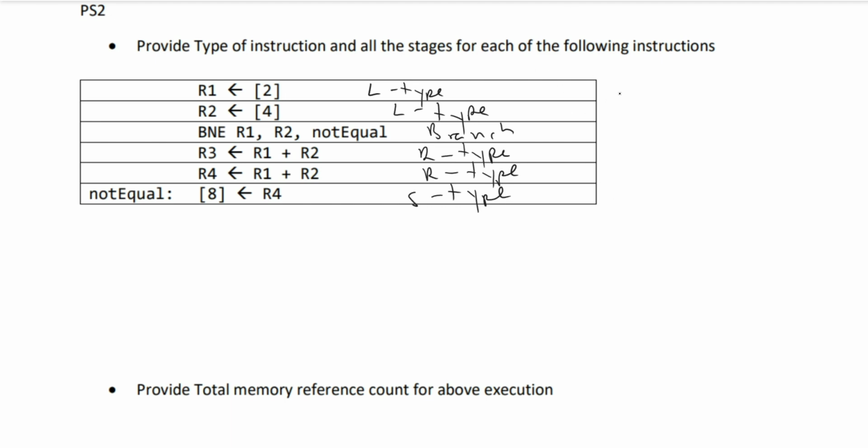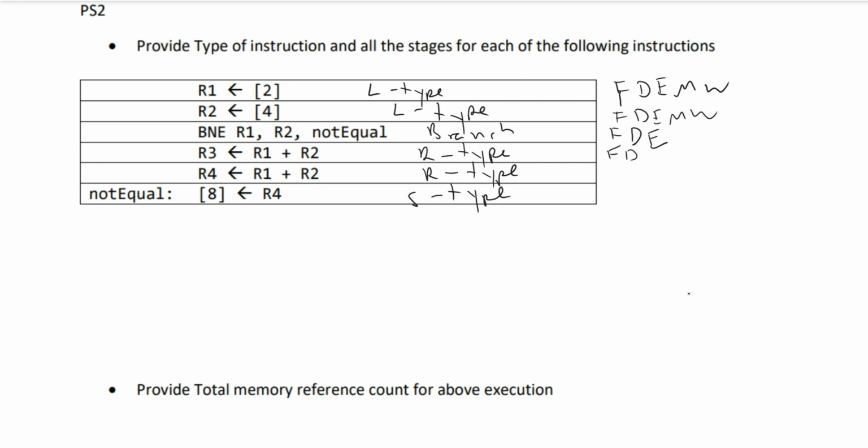Okay. So for L type, it's fetch, decode, exec, mem, and write back. So same thing here. Branch is fetch, decode, exec. R type is fetch, decode.